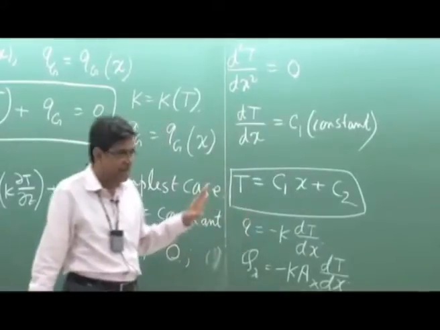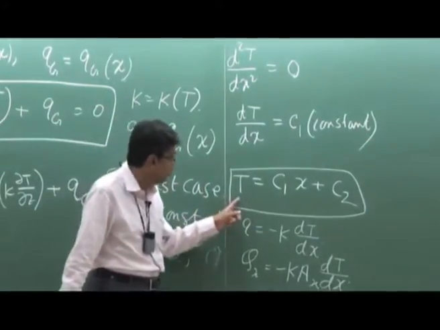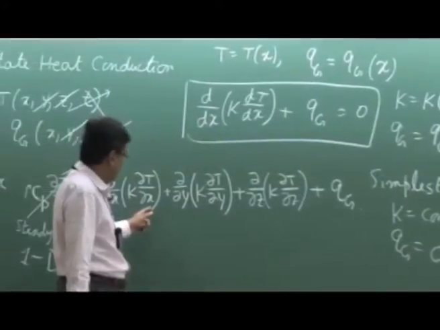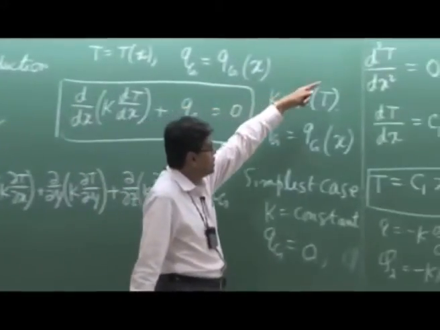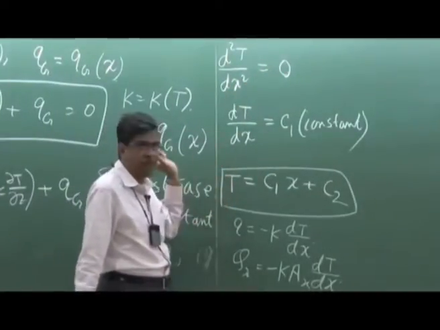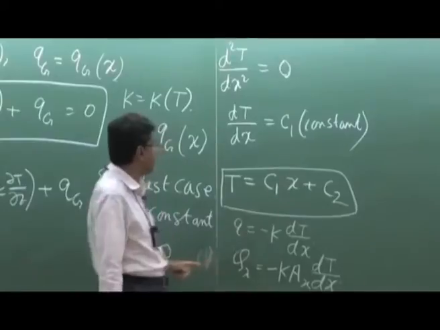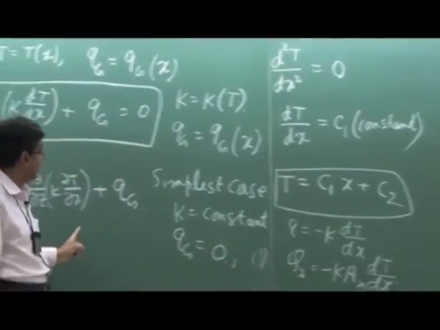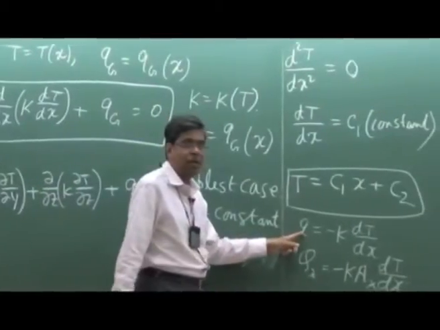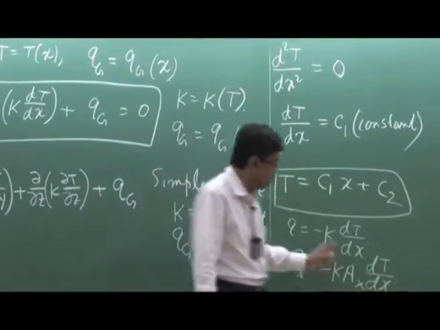That will be discussed later on. But at this moment, when we derive it from a differential equation and get d²T/dx² equal to 0, this is from the differential form, a linear temperature profile under constant thermal conductivity and zero thermal energy generation, where the normal area remains constant.